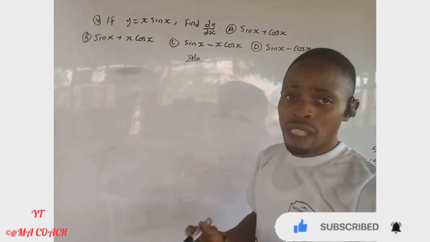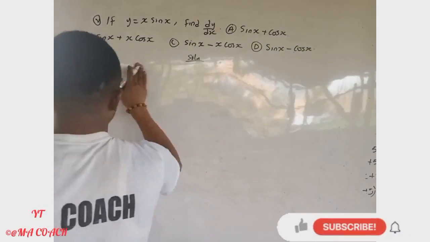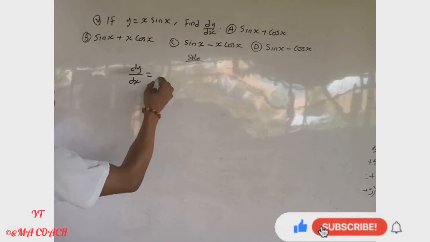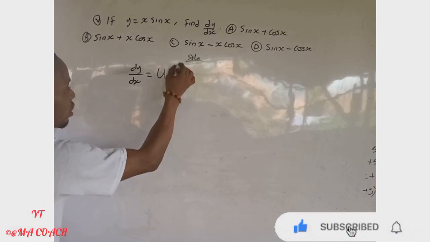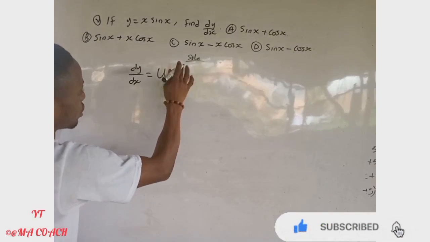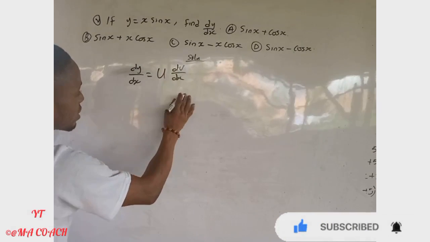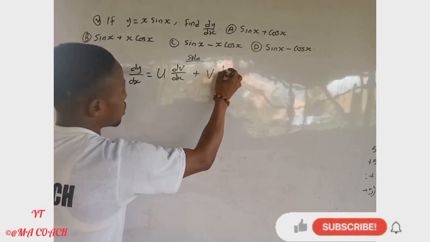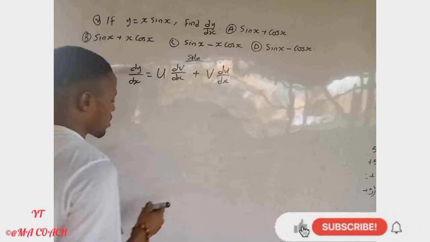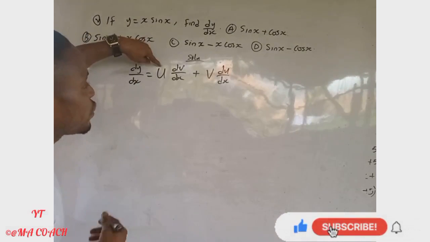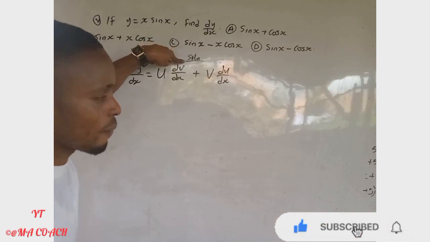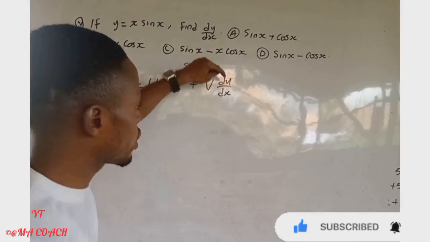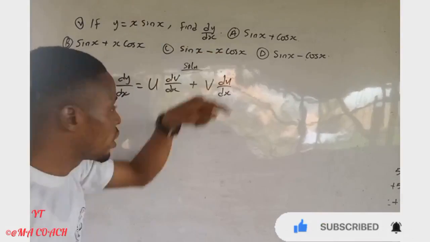For the product rule, the general formula says that dy ds is equal to u dv over ds plus v du over ds. It means that you leave u constant and differentiate v, then leave v constant and differentiate u.